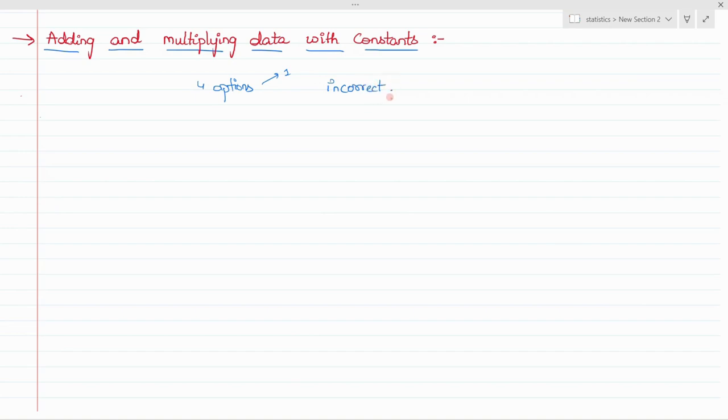At that time, the correction is made in such a way that all the students will be awarded a bonus mark for this question. So the marks of each student will be increased by 4 if the bonus is 4 marks. So this is a basic general example where we add a constant to the data.